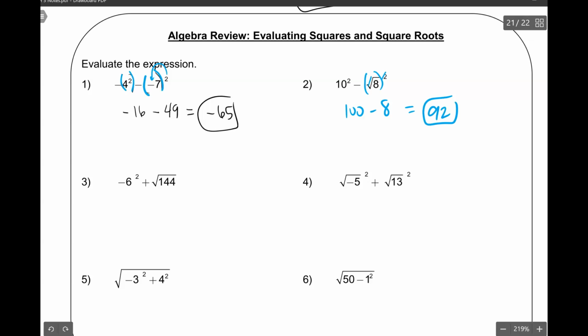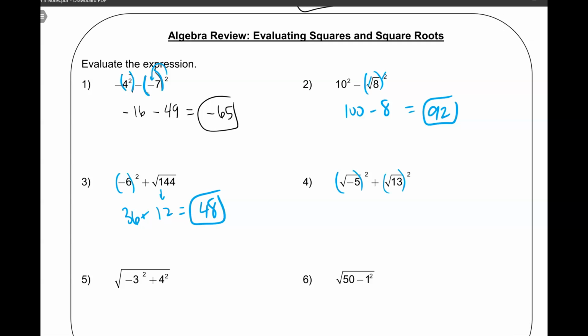Continue on. We have negative 6 squared, which is 36, and the square root of 144 is 12, so you add that together and you get 48. Negative 5 plus 13 is going to be 8.